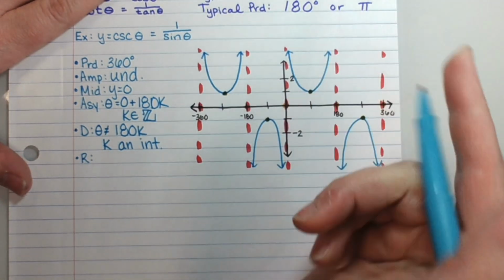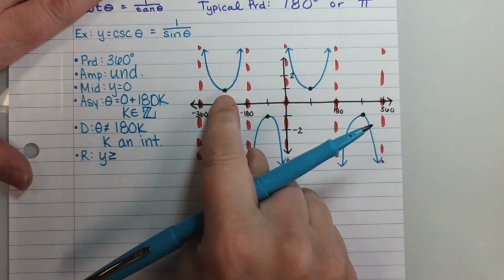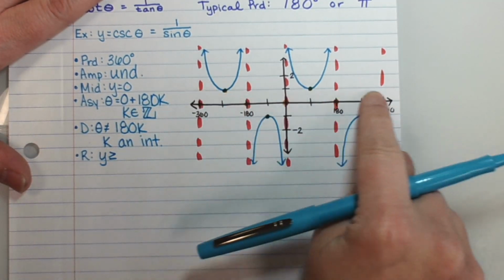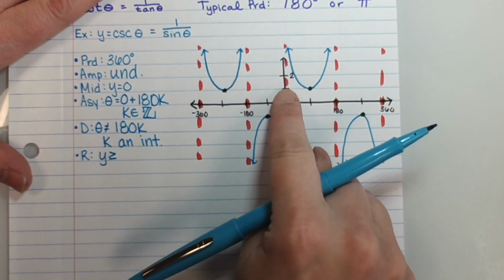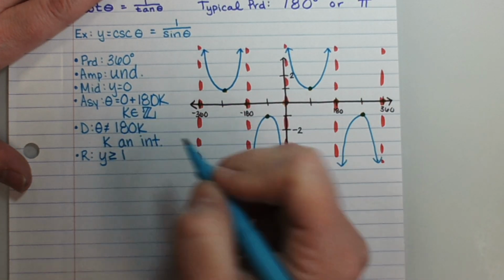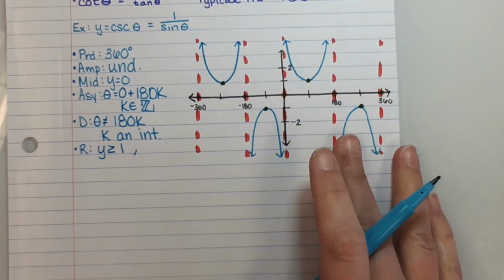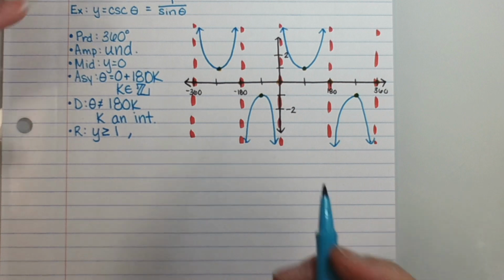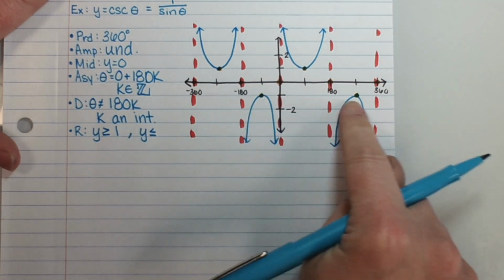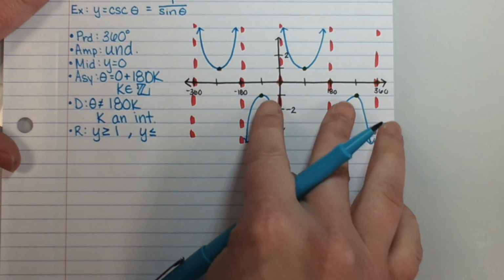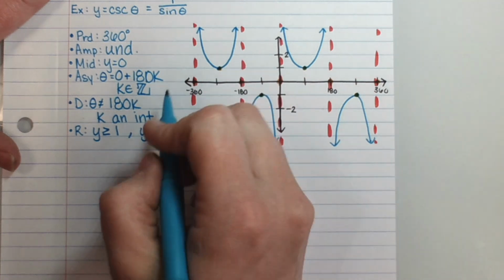These pieces are y's that are greater than or equal to whatever that relative minimum value is. In this case, it happens to be 1. So that's half of my range. The other half of my range is the y's that are less than or equal to those relative maximums for those pieces that go downwards. In this case, they are at -1.